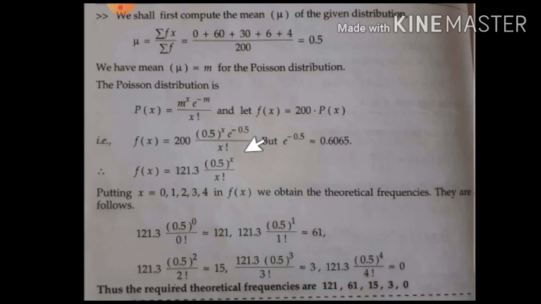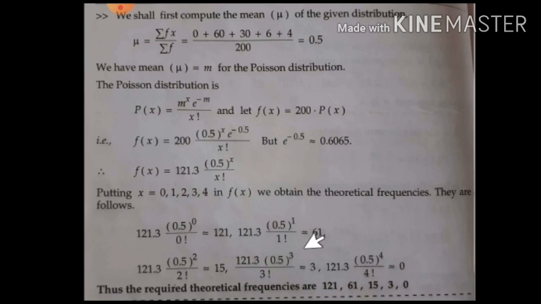So multiply the Poisson distribution with 200. So for different values of x, we calculate the Poisson distribution for 200 frequency, where substituting x as 0 we get nearly 121.